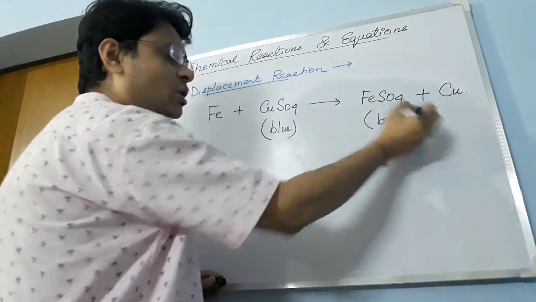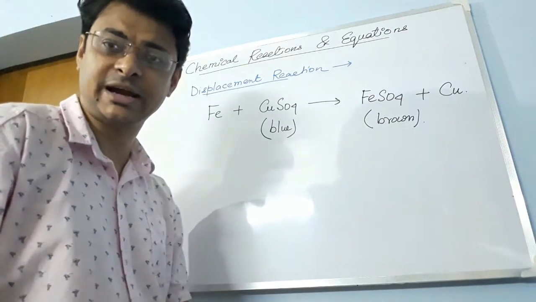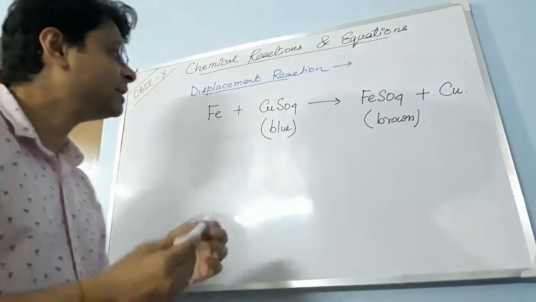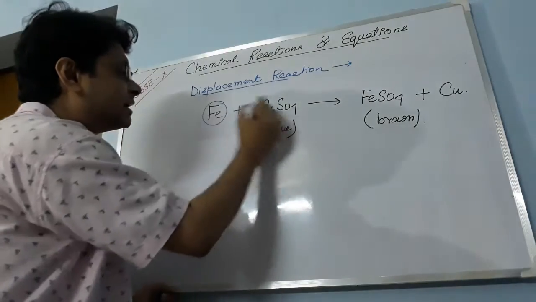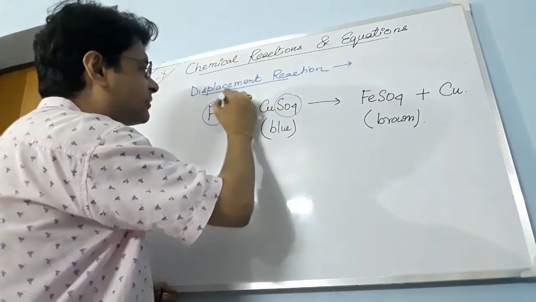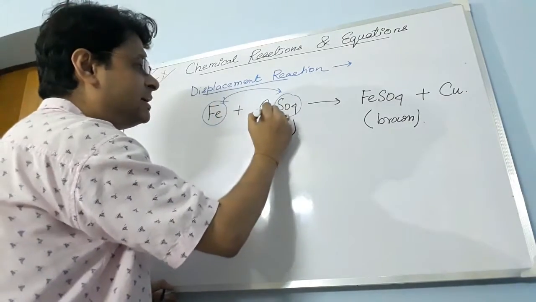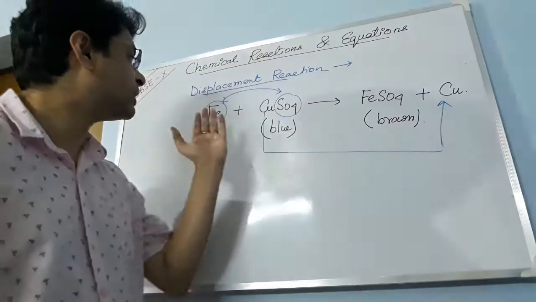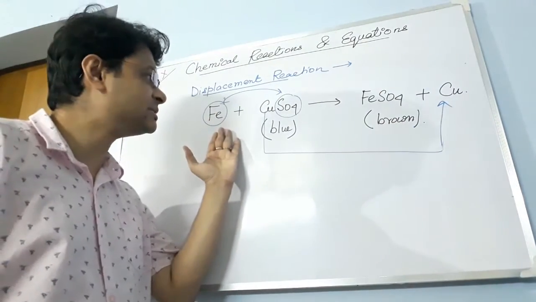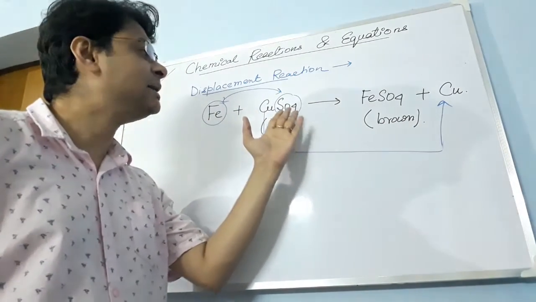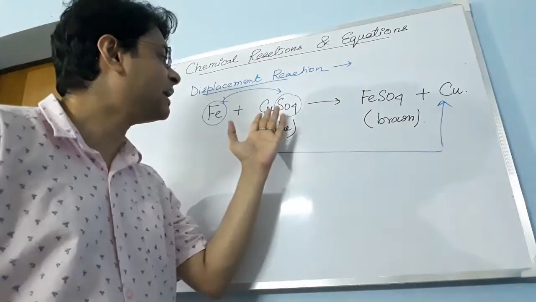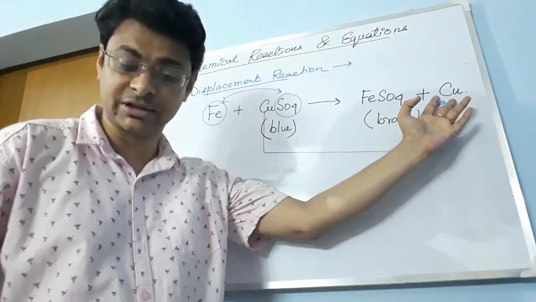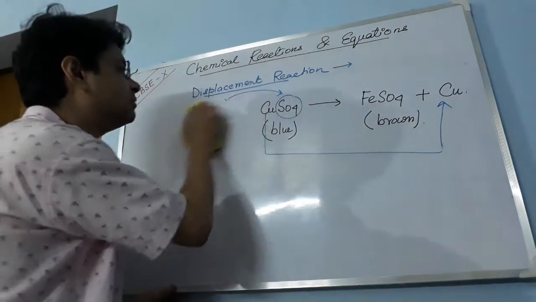How? Because in this reaction, this iron, when it combines with copper sulfate, takes this radical of copper sulfate and combines with it and displaces the copper like this. So whenever a substance reacts with a compound and displaces the radical and turns it to its metallic form, this is a displacement reaction.